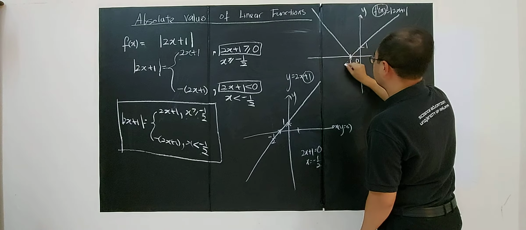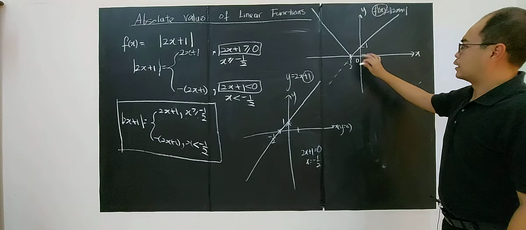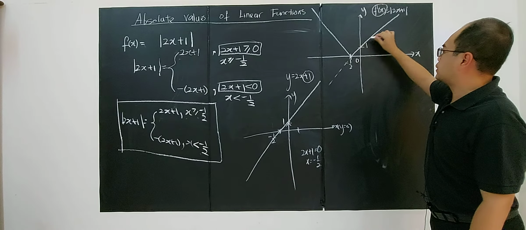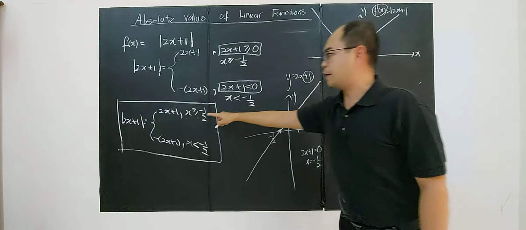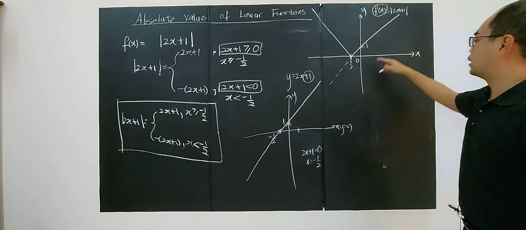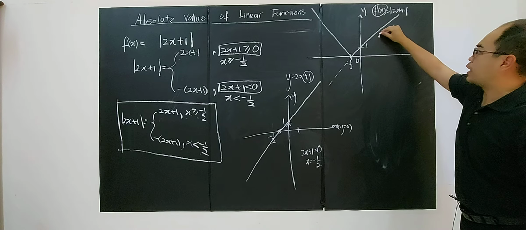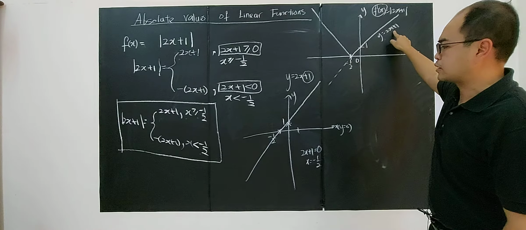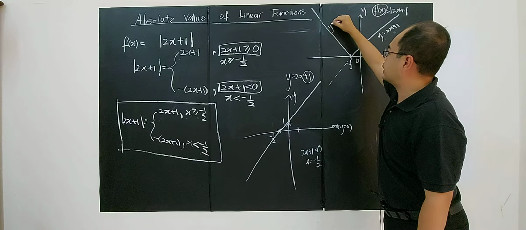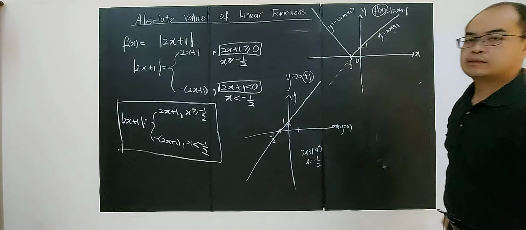So this whole thing is f(x) equals modulus of 2x plus 1, and it consists of two graphs. One is y equals 2x plus 1, the other is y equals negative 2x plus 1, right?